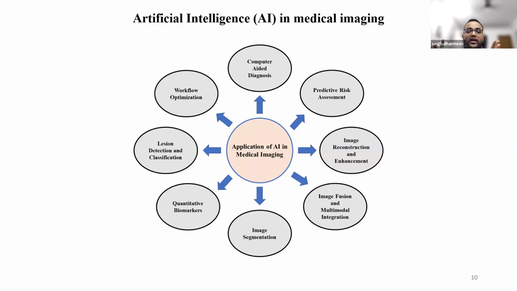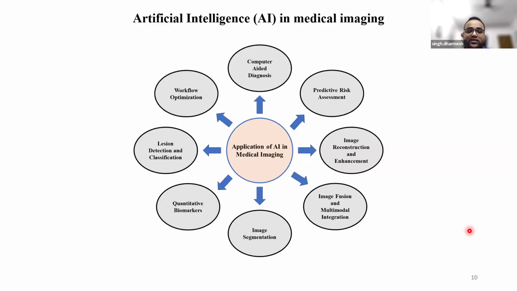Overall, AI is not just a diagnostic aid. It's shaping the entire imaging workflow from acquisition to interpretation and clinical decision making. AI-assisted compressed sensing, as I talked about, enables faster scans and a more patient-friendly examination. It is already integrated into commercial systems.